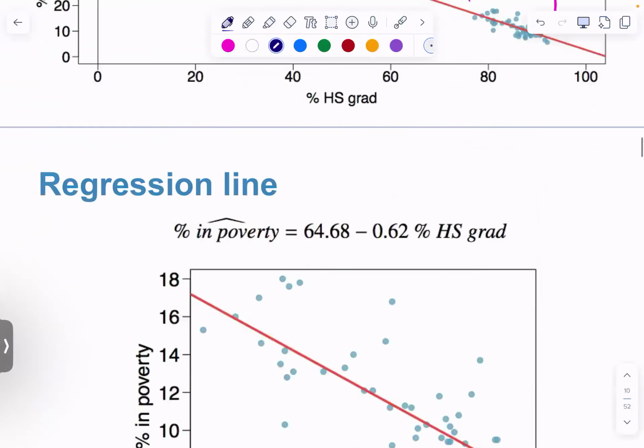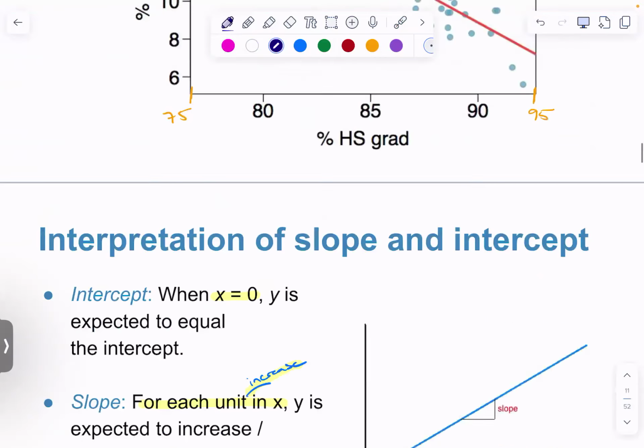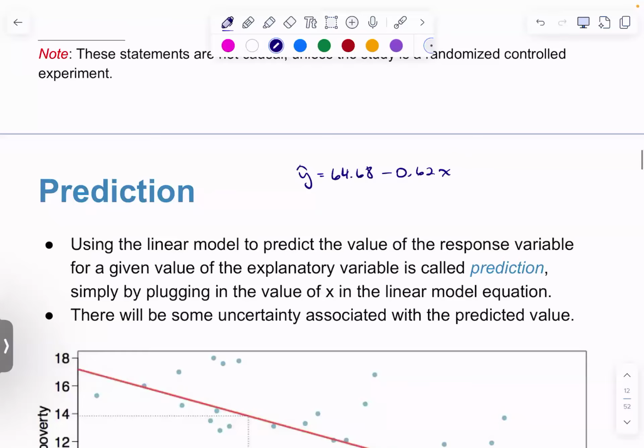Let me just confirm. Yeah. Y hat is the predicted value of y. Right? And so what we can do is we can plug in a value of x and we can predict the output.